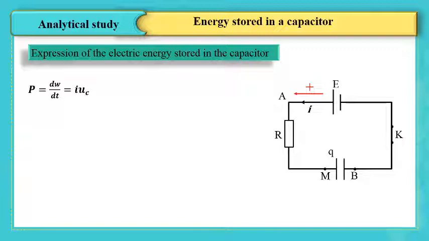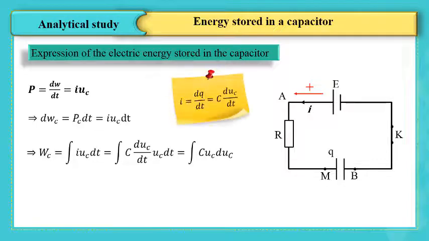Knowing that P equal dW over dt equal I multiplied by UC, where UC is the voltage across the capacitor, while I represents the electric current traversing the circuit, then dWC equal PC multiplied by dt, which is equal to I UC dt. Then WC, the energy stored in the capacitor, is the primitive of the instantaneous power. That means WC equal integral I UC dt.